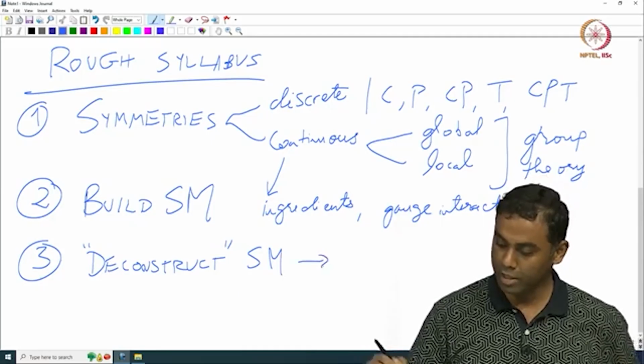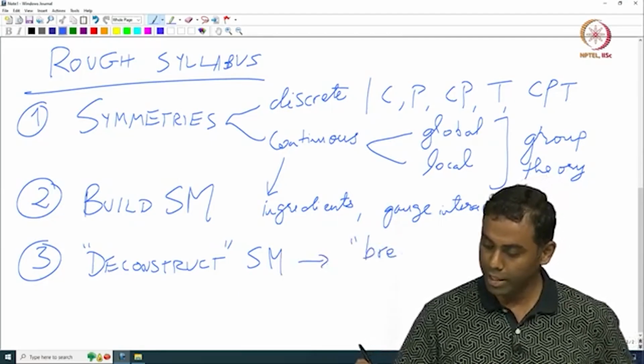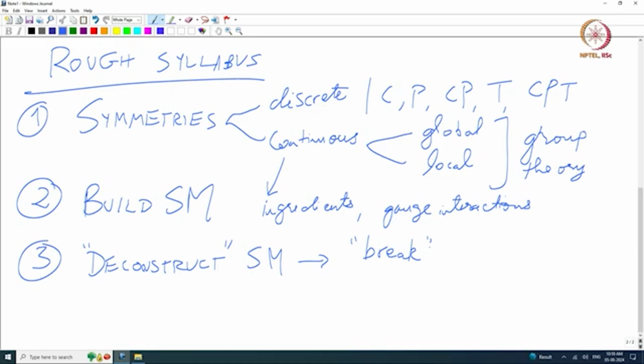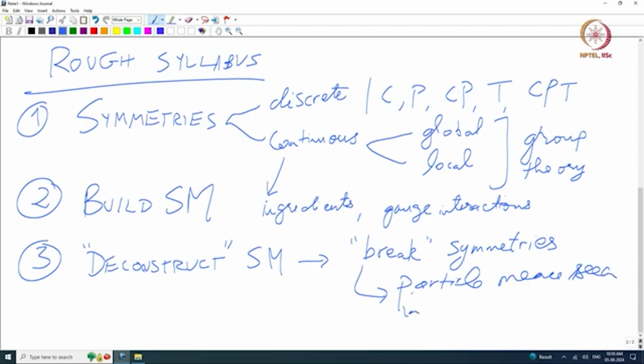What I mean by that is we will, so to speak, break the symmetries that we just talked about. Okay, it's a very specific term, breaking symmetries in various ways, spontaneously, dynamically, explicitly, and so on. Okay, and that's going to result in the particle menu that we see in laboratory experiments.